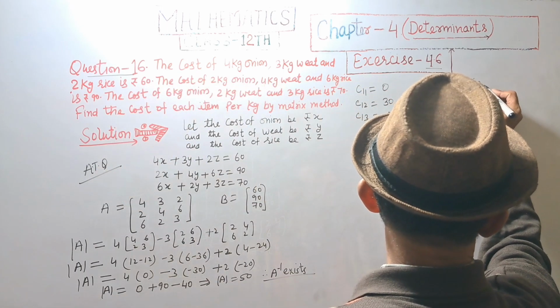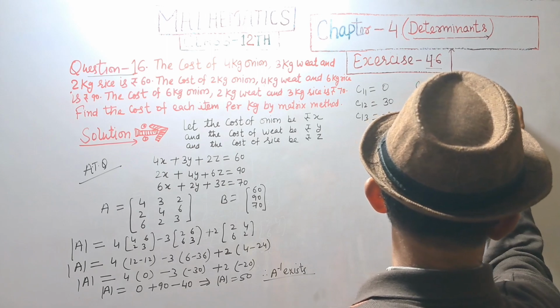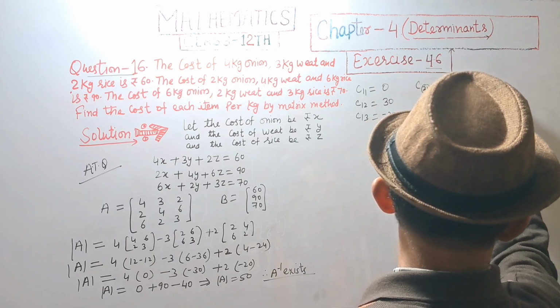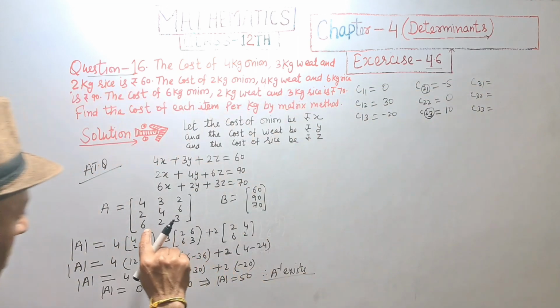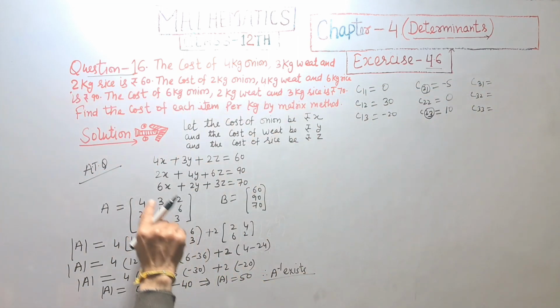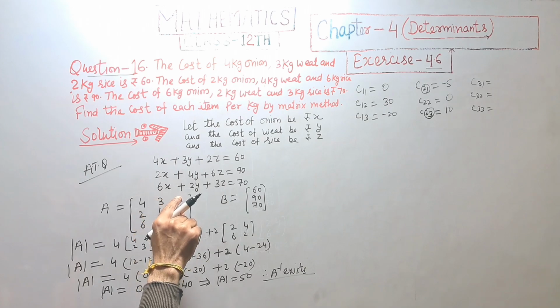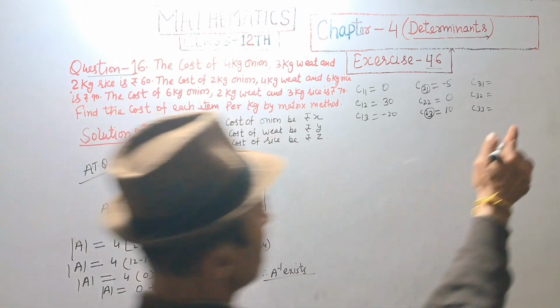And C31, C32, C33. C31: 6 3s are 18 minus 8, that is equal to 10.